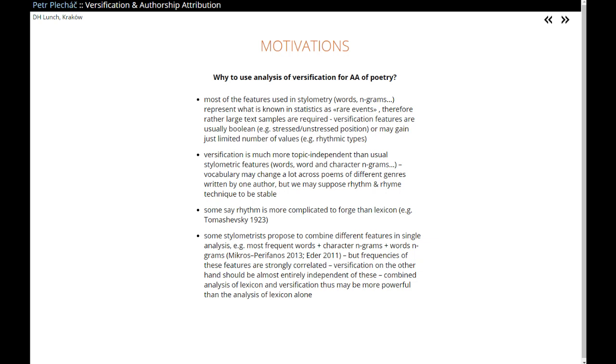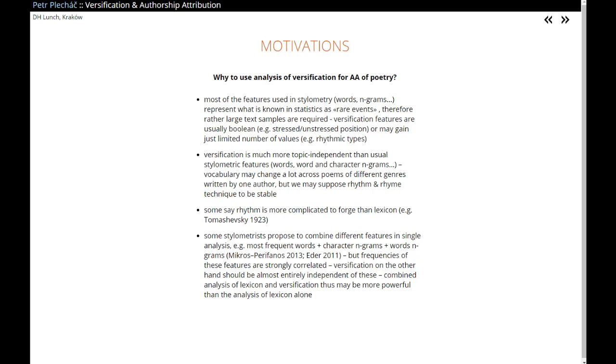The second reason is that versification is, or should be, much more topic independent than lexical features such as words, because vocabulary may change a lot across poems of different genres written by one author.